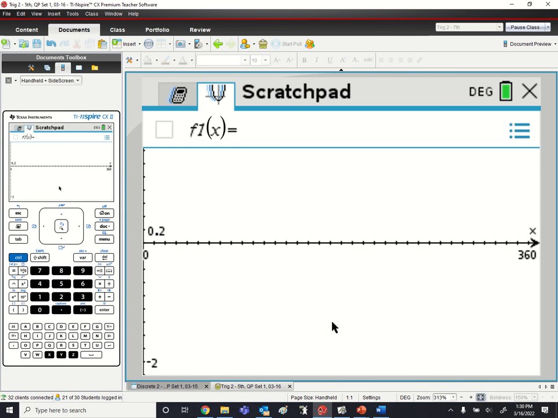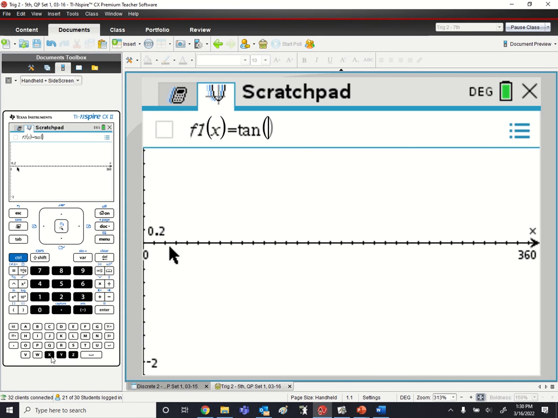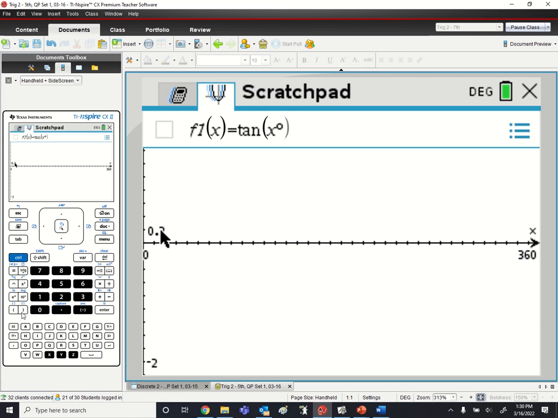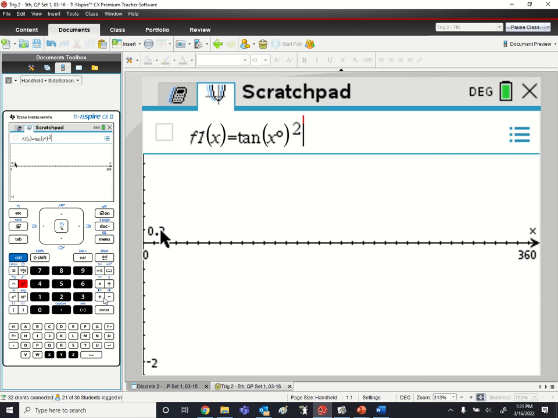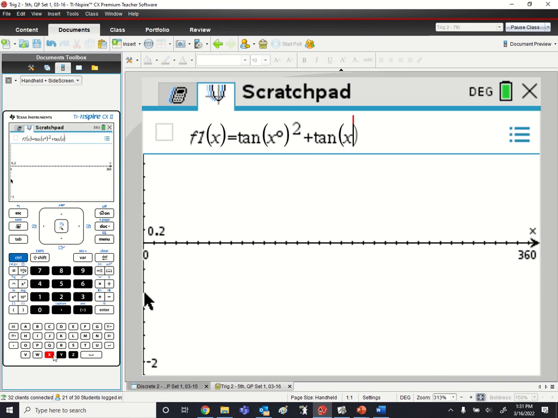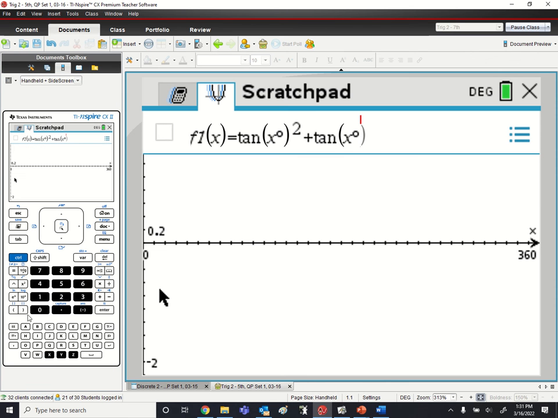Now I enter my function. Make sure you use the tangent under the trig button. Don't type in TAN. X degrees close square plus tangent x degrees close, and was it +2 or -2?